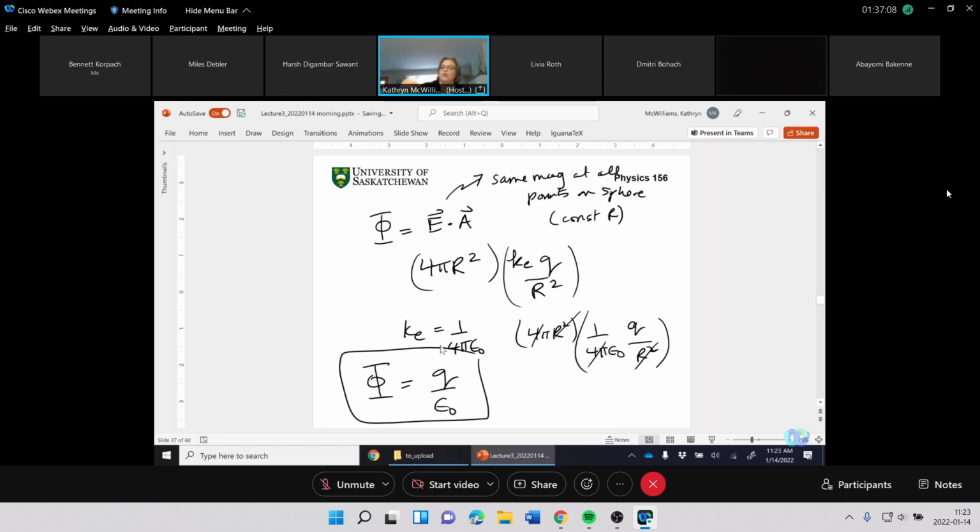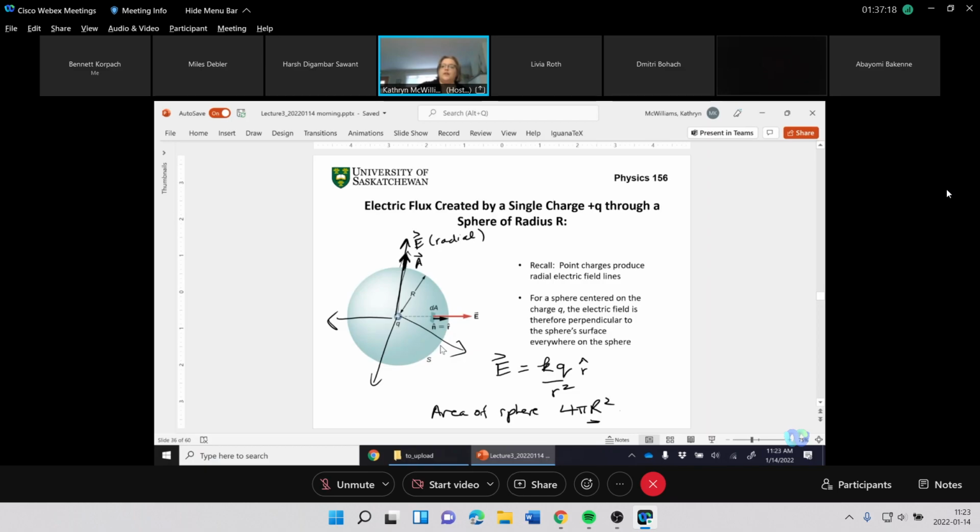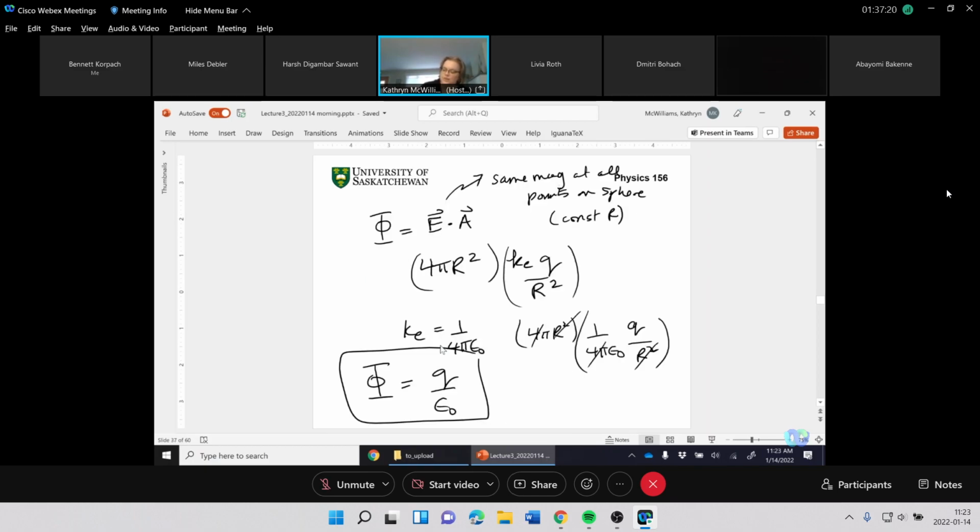So the flux is proportional to the charge enclosed inside that sphere. And that is like the next big important thing that we got to know. We've looked at this thing called flux, but then we realize, oh, it's actually related to the charge that's producing the electric field. And we can do it using something that's a scalar, not a vector, which is kind of nice too.